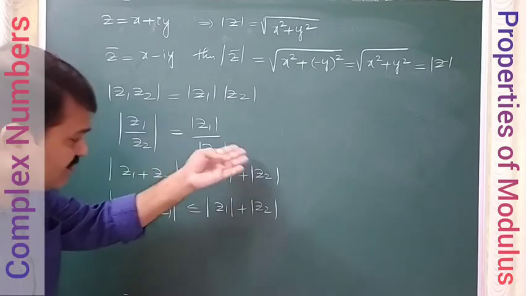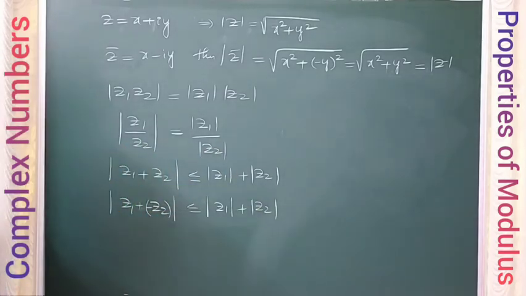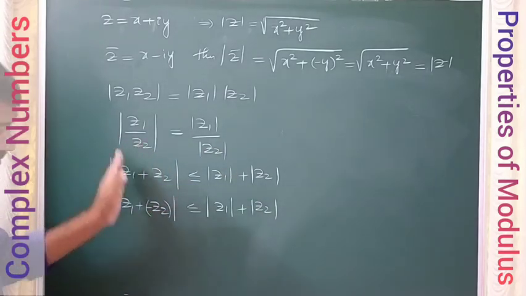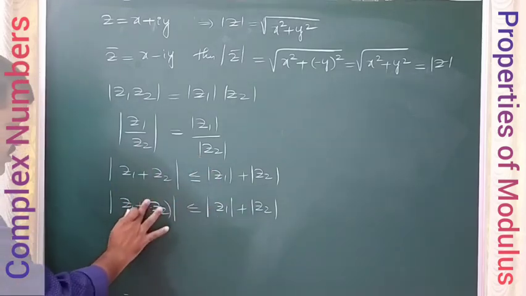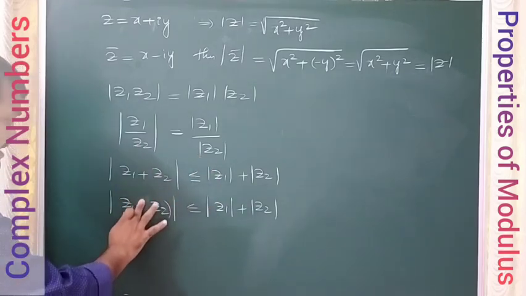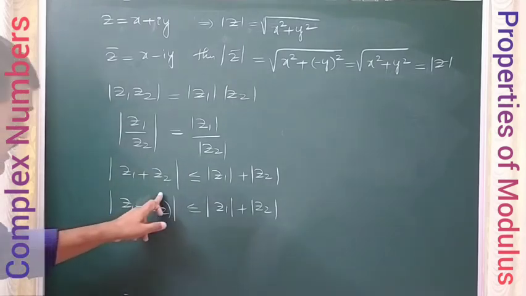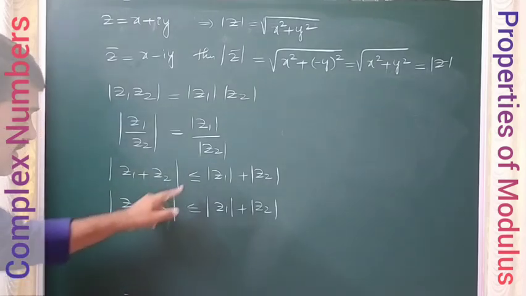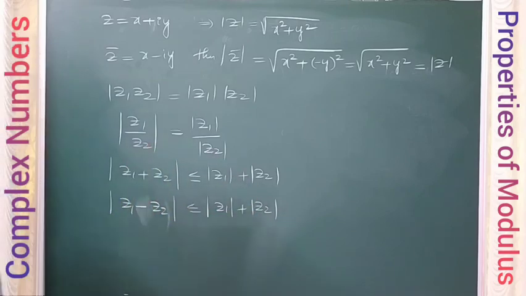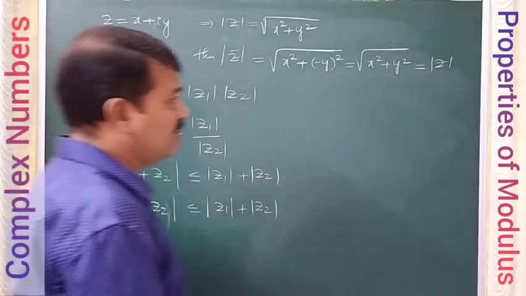Modulus of minus Z2 means mod Z2 only, no? So both are the same, and the condition is the same for both of them. Whether you write modulus of Z1 plus Z2 or modulus of Z1 minus Z2, the condition will be the same, less than or equal to mod Z1 plus mod Z2. Okay, so these are the properties related to modulus.